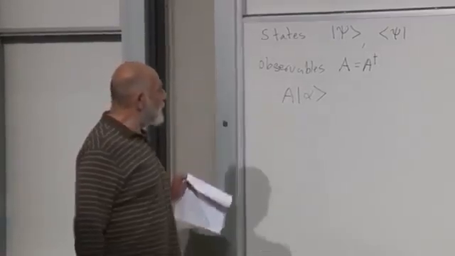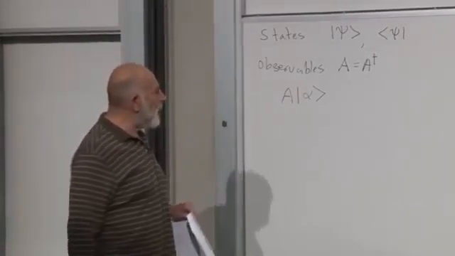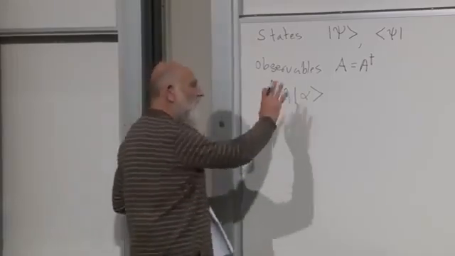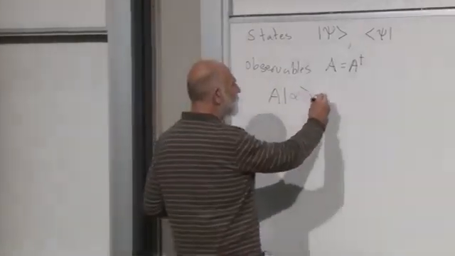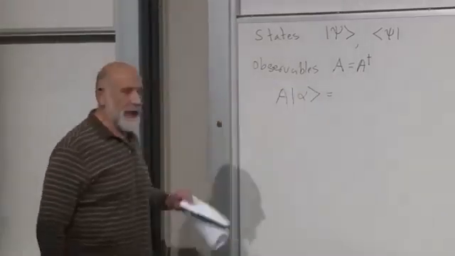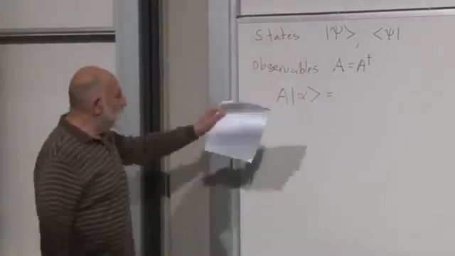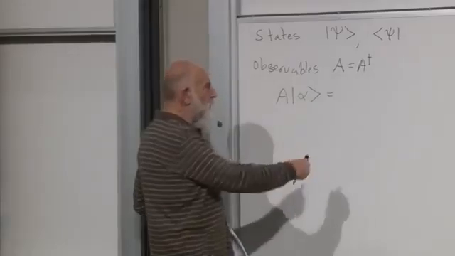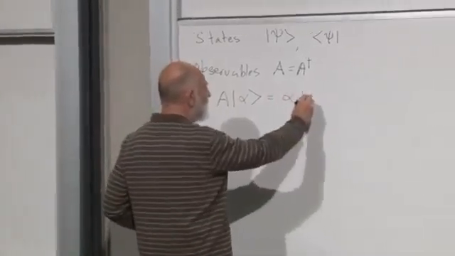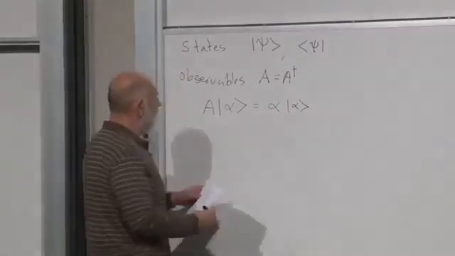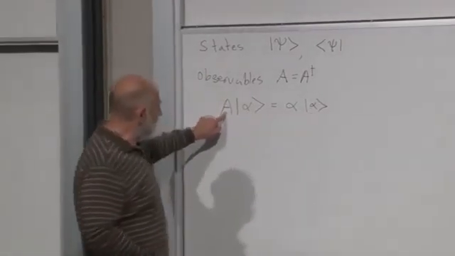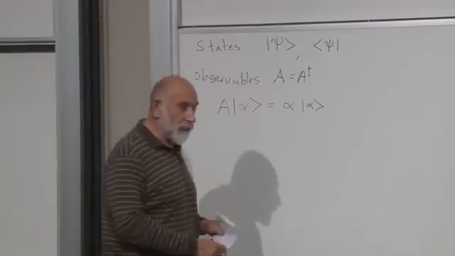And A, being an operator, can act on alpha, and alpha is an eigenvector of A if the action of A is just to multiply the vector alpha by a number. In this case, I'll use a redundant notation, the same notation for the eigenvalue and the eigenvector. And this says that the eigenvector alpha is an eigenvector of A with eigenvalue alpha.